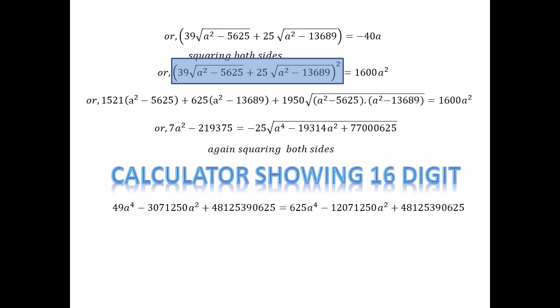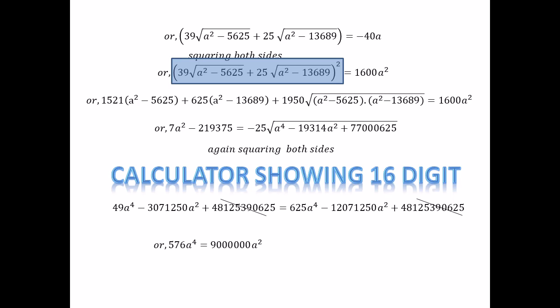Now these two numbers are the same, and this is an 11 digit number: 1 2 3 4 5 6 7 8 9 10 11. Yes, this is an 11 digit number, and these are the same, so it will be cancelled out.